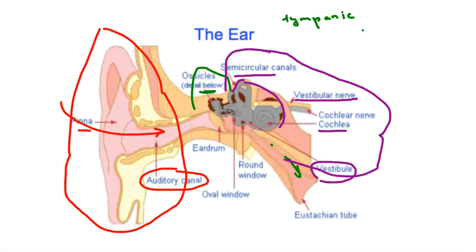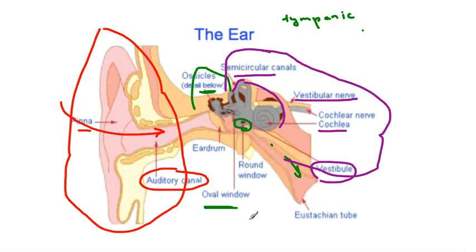The oval window here is really just a connection between the ossicles, the bones of the middle ear, and the snail-like device here, the inner ear. And the round window here is kind of like a little pressure valve to let out pressure from the inner ear if things get going a little too much. So that's kind of the anatomy of the ear.